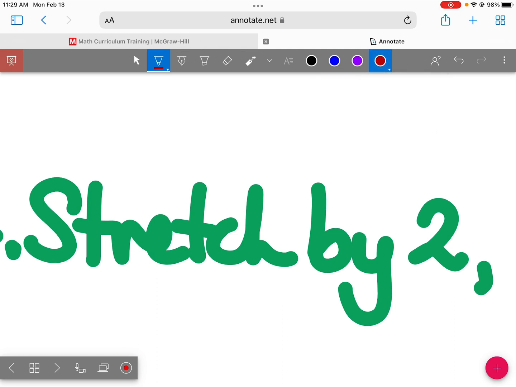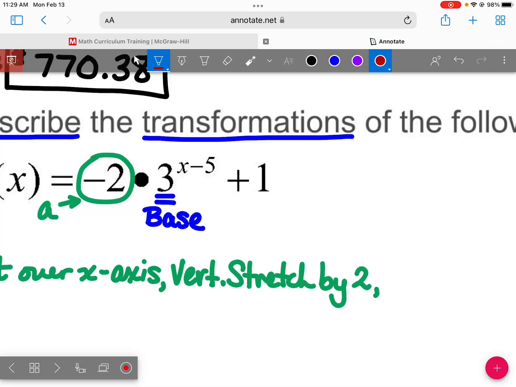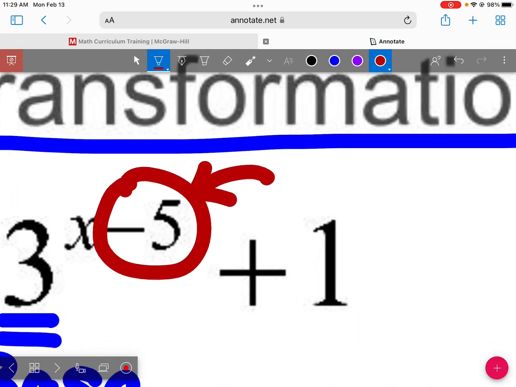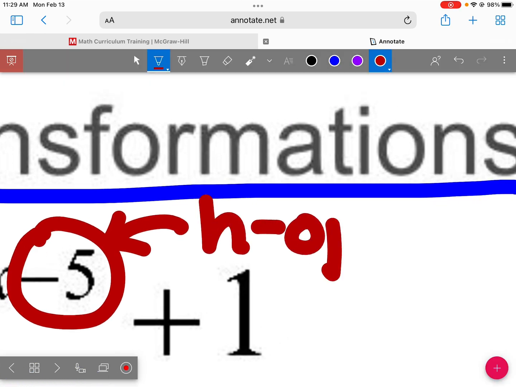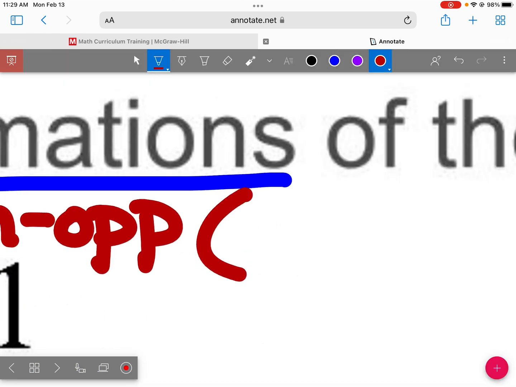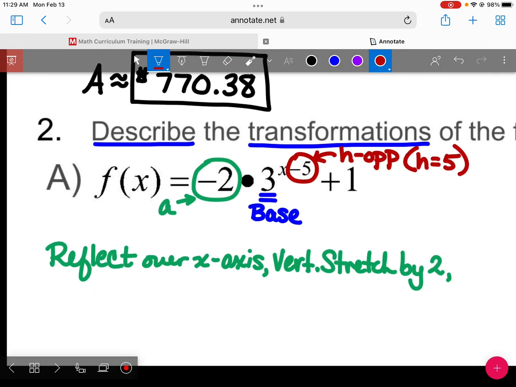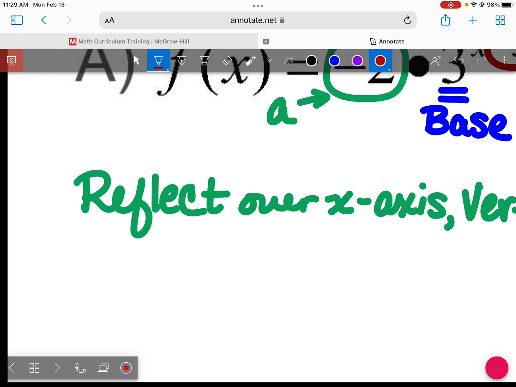Who else do we need to go looking for? H and K. What is our H value? 5. Right here, that -5 is the opposite of H, so H is actually 5. What will that do to my graph if H is 5?